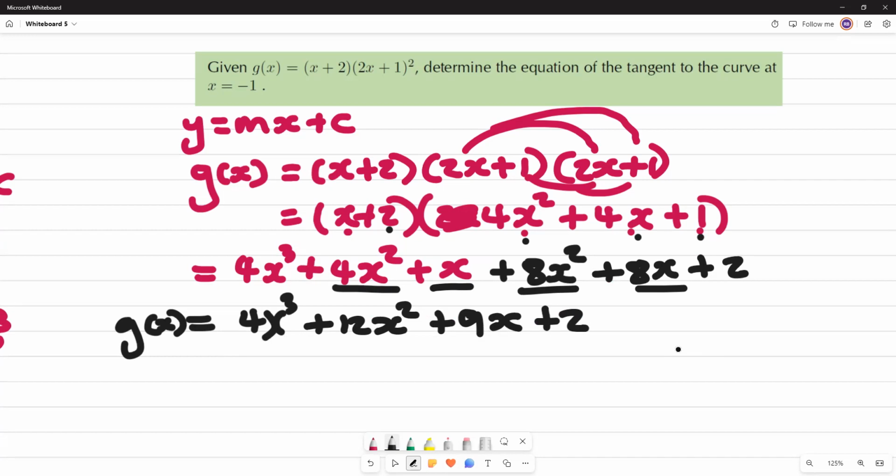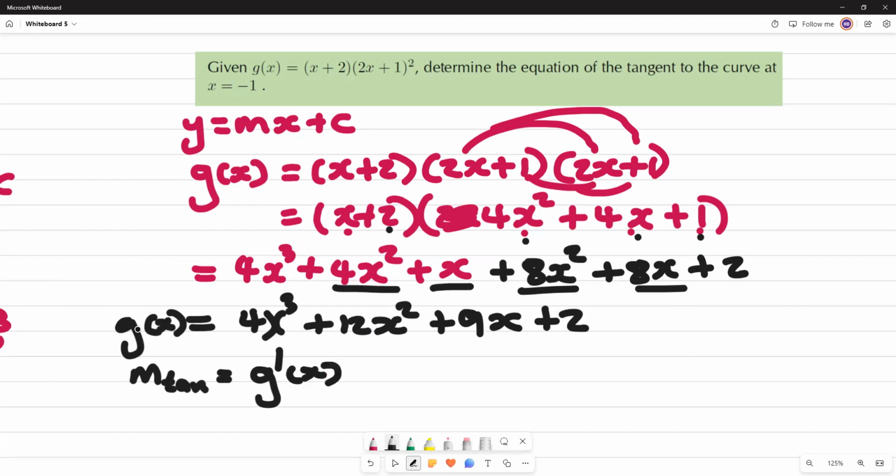Before you can do anything in calculus, especially finding the equations of the tangent or sketching the graphs, make sure that your curves are in simplest form. So now we can start. Remember, I said the gradient of the tangent, which is m tan, is basically the derivative of the curve.